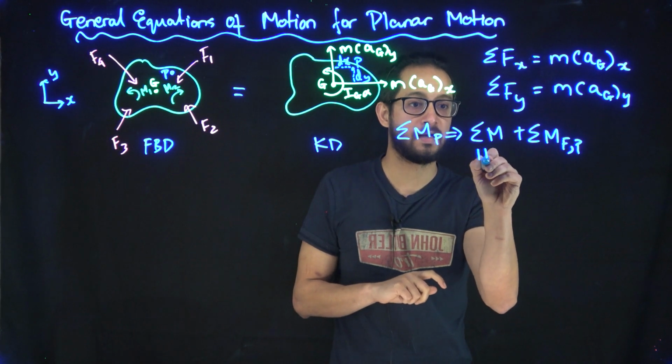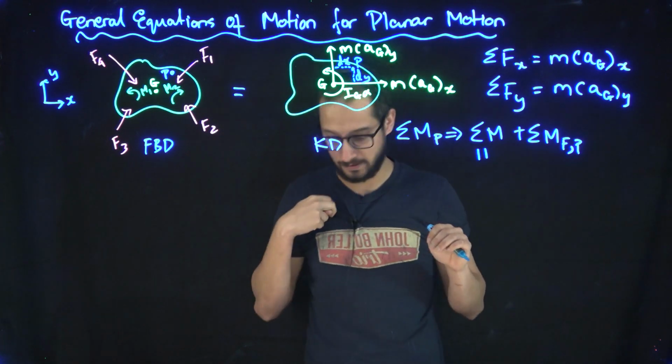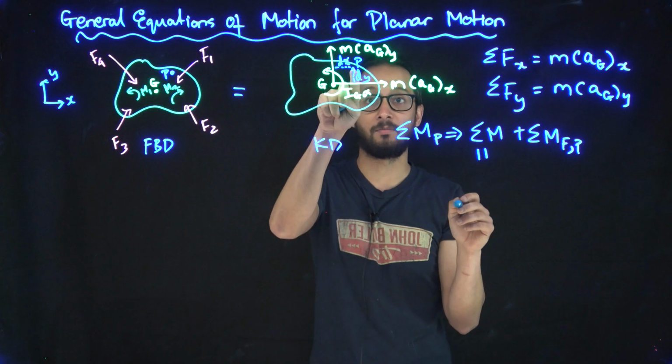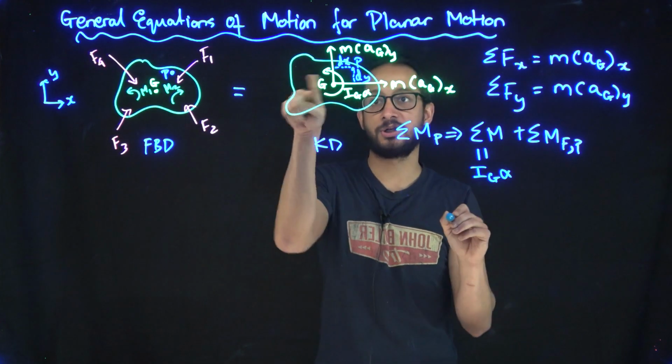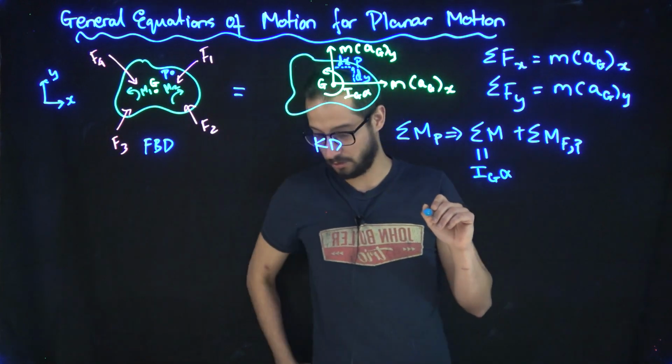And let's say that this expression in the kinetic diagram is equal to, now again, remember we're about the point P, right? So you'll always have your IG alpha equivalent motion, right?